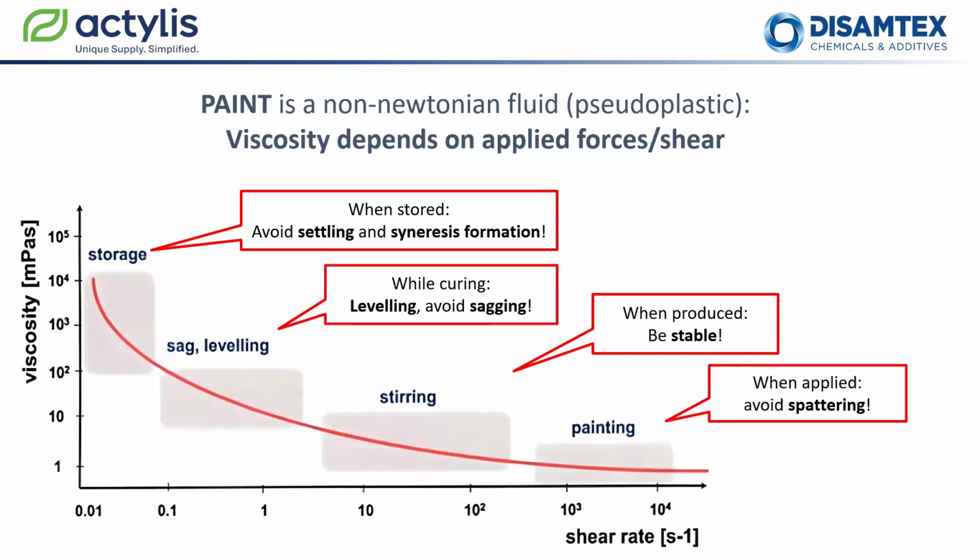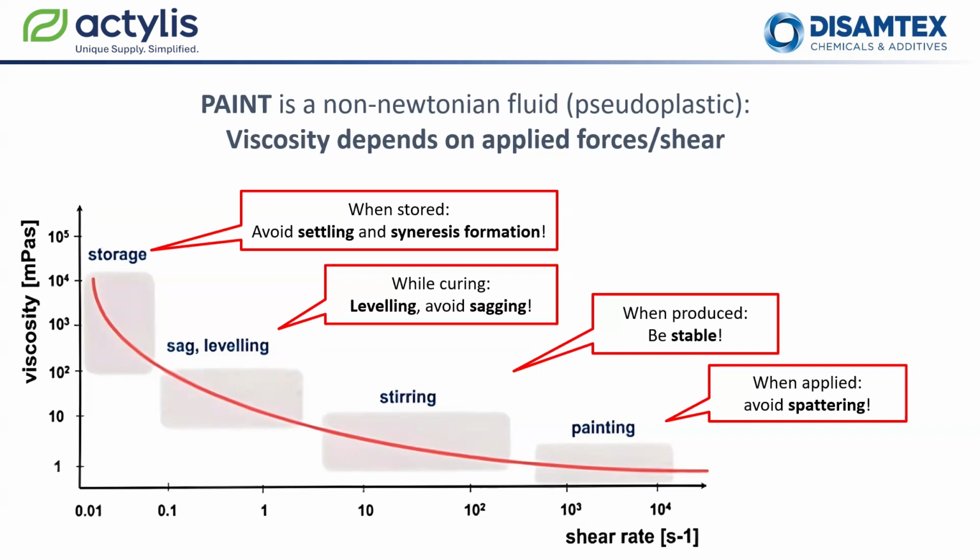This image shows that paint changes its viscosity, its thickness, depending on how much it's stirred or applied. So it becomes thinner when you apply force. In the paint industry, pH modifiers help control this behavior because most thickeners depend on pH to work properly.